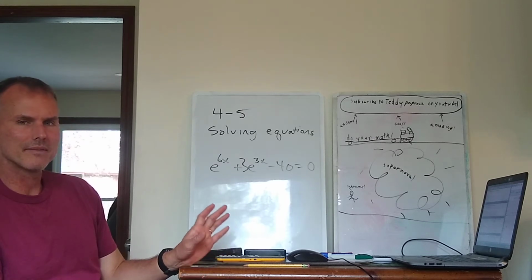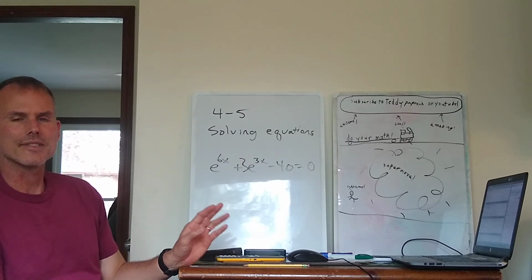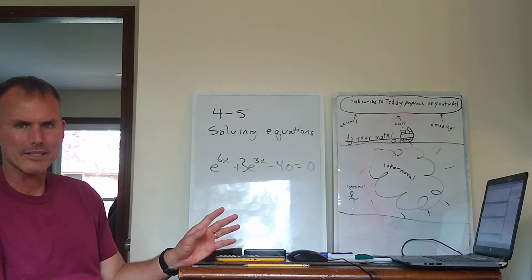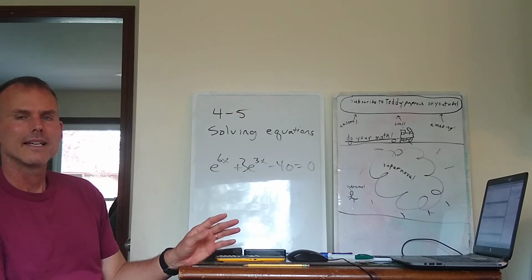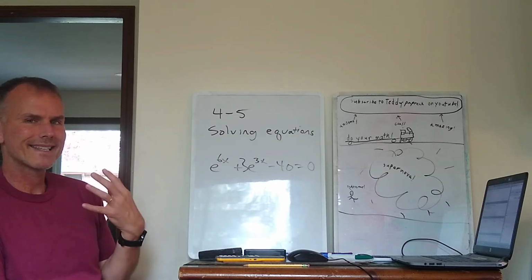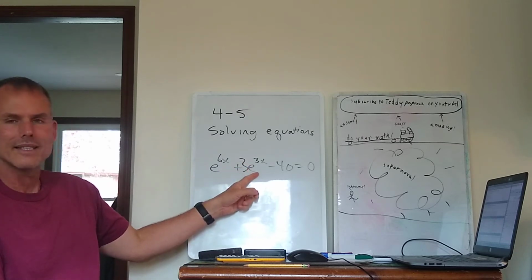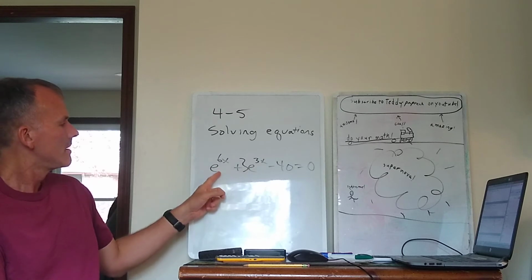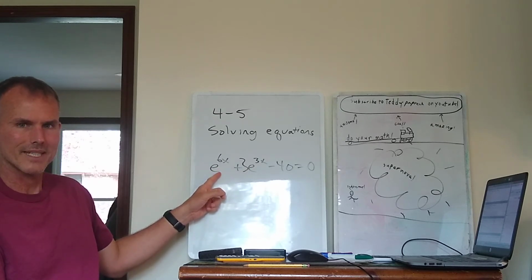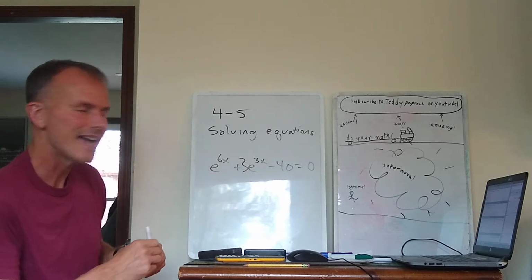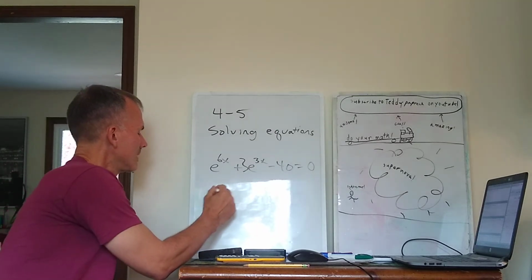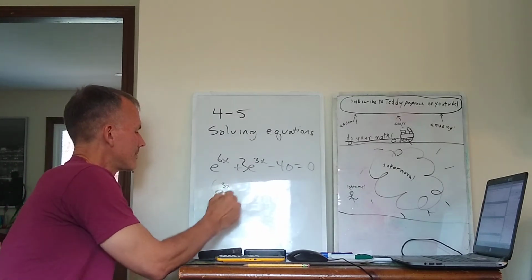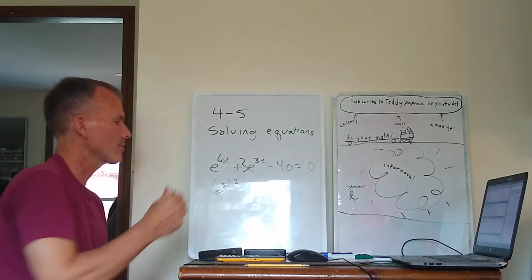Listen, this is structured as though it were a quadratic trinomial. It's what we call quadratic in the expression e to the 3x. This first term, e to the 6x, is the same as e to the 3x squared.